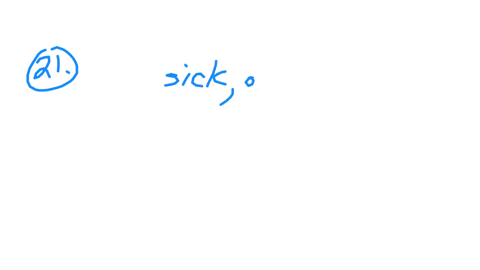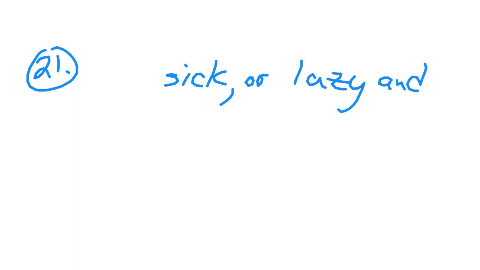Let's just look at number 21 here. It says either Sally is sick, comma, or Sally is lazy and unreliable.